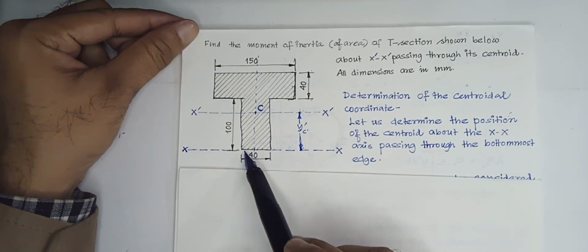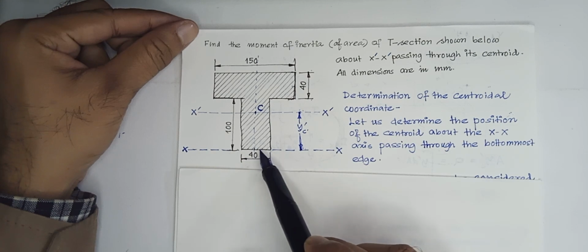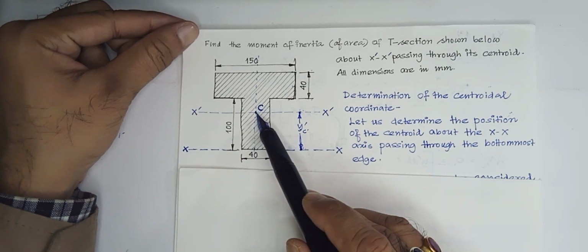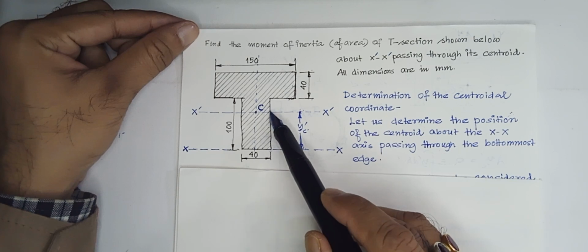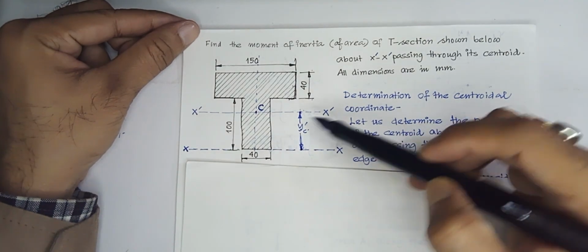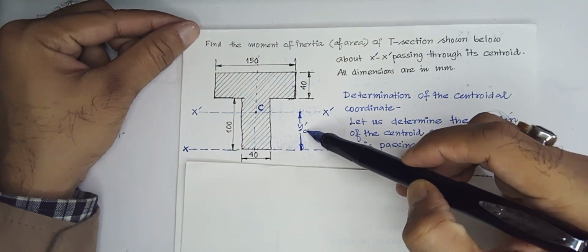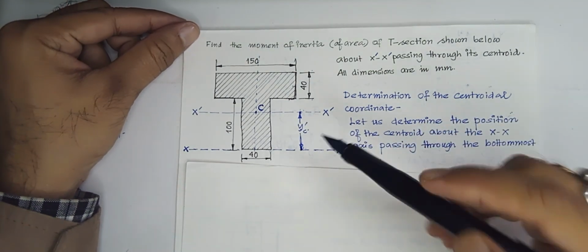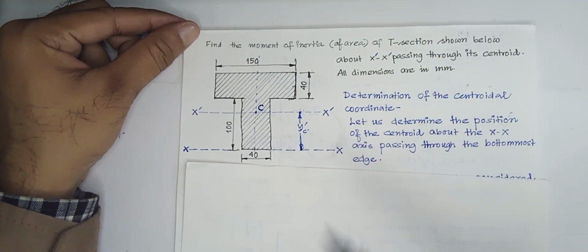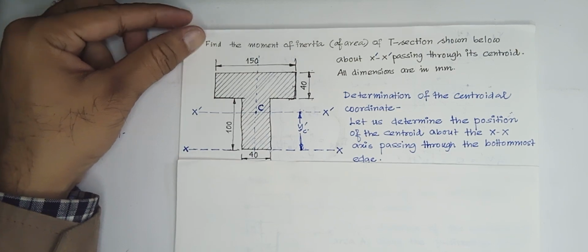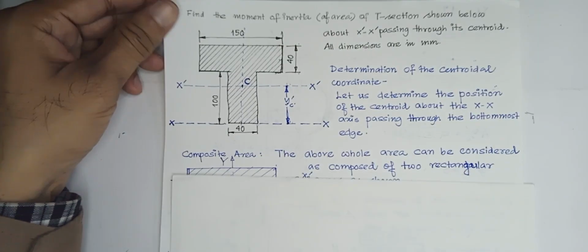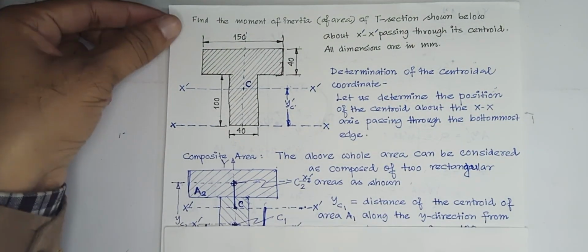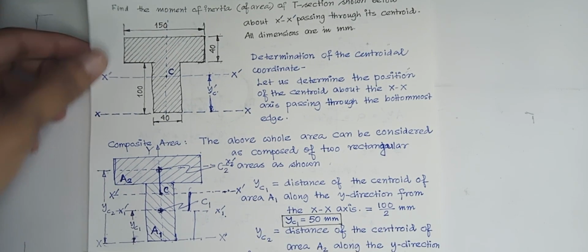That means the centroid will be definitely on the middle of this, that means on the center line, but what is the y distance of that we do not know. So that distance y c prime, or better to say y prime c, that we will determine.